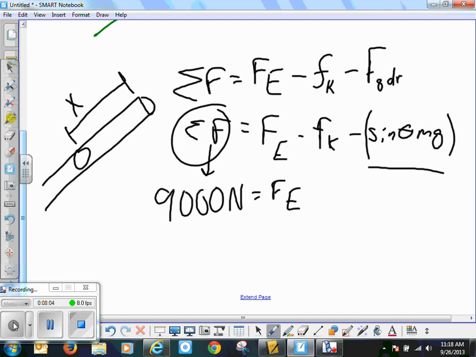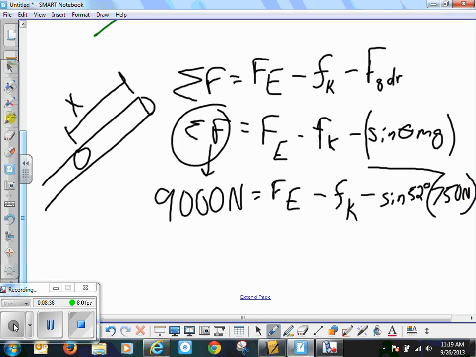Regardless of what the question asks you, I want to teach you this right now. Minus the force of kinetic friction, which we cannot determine in this case. But we can determine this: sine theta mg. So we have the sine of 52. And what was the mass of that ball, people? Okay, so the mass was 75 kilograms, so we have 750 newtons.